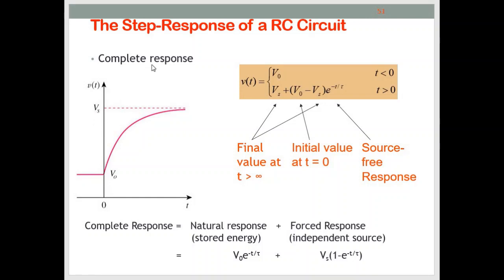Like this one, in the RC circuit the Vs is saturated when t is close to infinity, but in RL, of course, this is Is, and Is will be saturated when t is close to infinity.